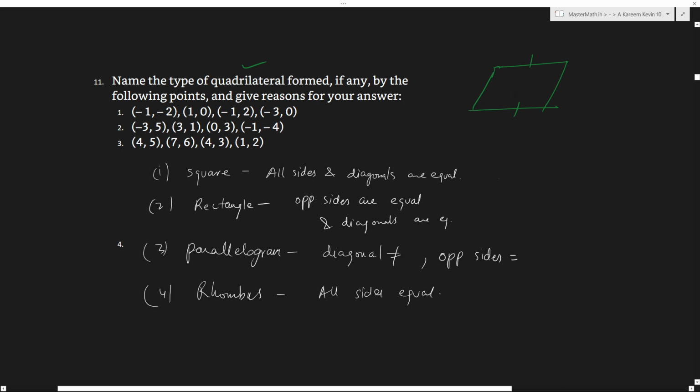Applying length to a parallelogram, that would mean opposite sides are equal, and if the diagonals are also equal, then it would be a rectangle. And a rhombus has all sides equal, so if you want you could note it down. And try this yourself sometime.